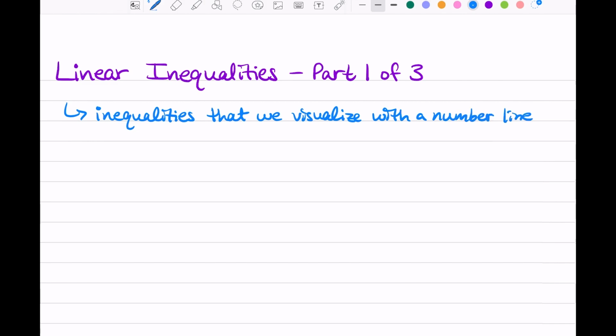So I've mentioned that the goal of Algebra 1 is to find x, to find our number in disguise. Well, with linear inequalities, we're taking that kind of literally. We will literally find x on a number line.